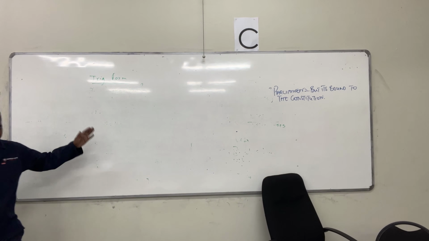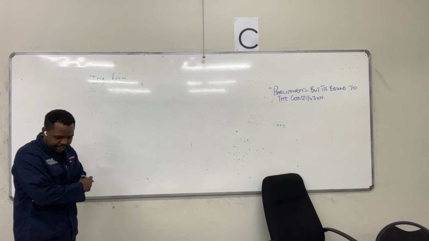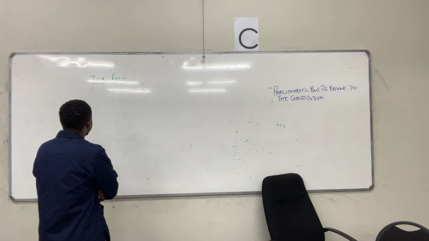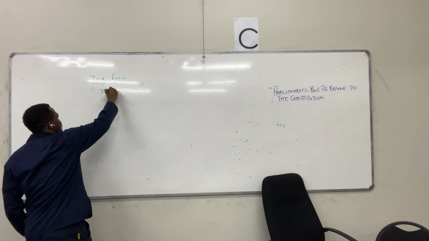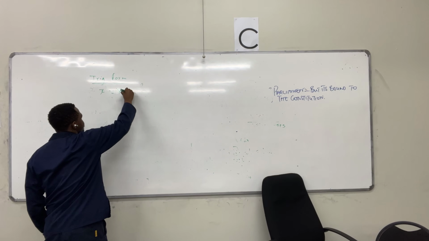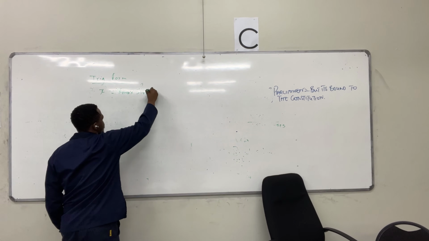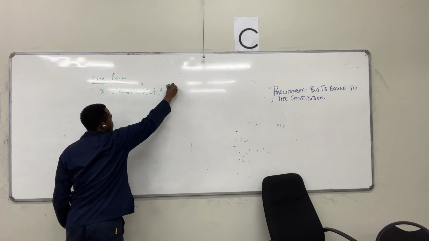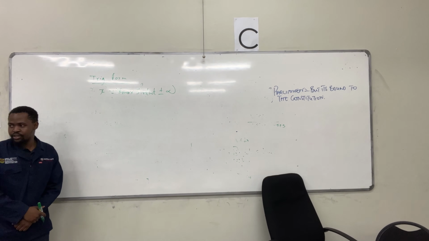It's the same equation, but now we are writing it in trigonometric form. It says e equals E max sin of omega t plus or minus alpha. This is the trigonometric form.